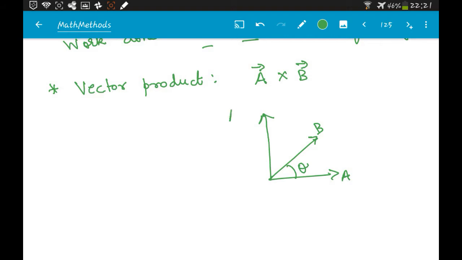then the vector A cross B will also be a vector, but this vector will be perpendicular to the plane of A and B. So essentially it is something like this.